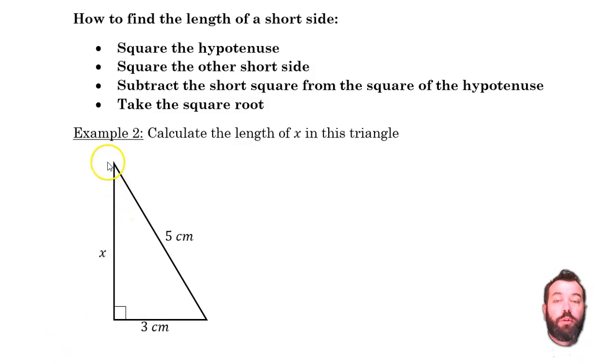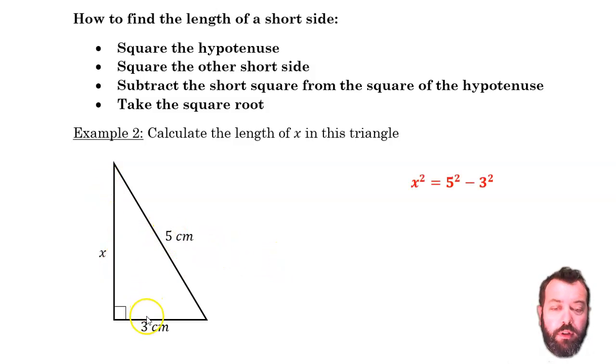Here's an example. I want to find a shorter side. So, the hypotenuse, opposite the right angle, is this one here. I've got the 3, I've got the hypotenuse. I want to find this other side. It's labelled as x. So, we square the 5, we square the 3, and take 9, that's 3 squared, away from 25, that's 5 squared. So, 25 minus 9 is 16.